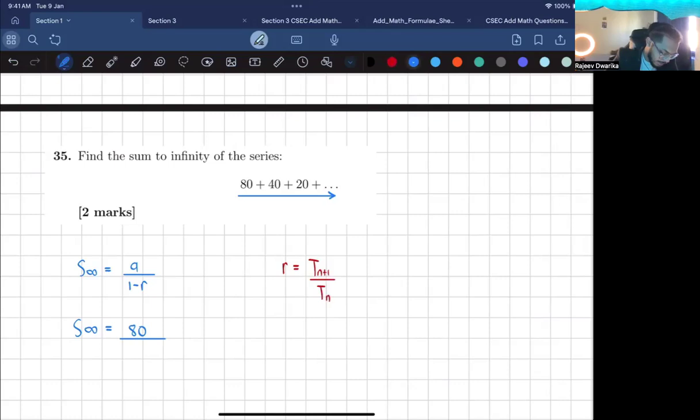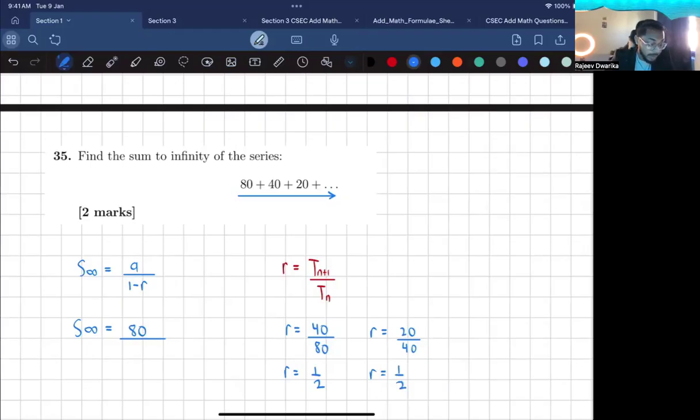So give me a pair of consecutive terms. 40 divided by 80. What is that? A half. Give me another pair of consecutive terms. 20 divided by 40, and you'll get a half too.